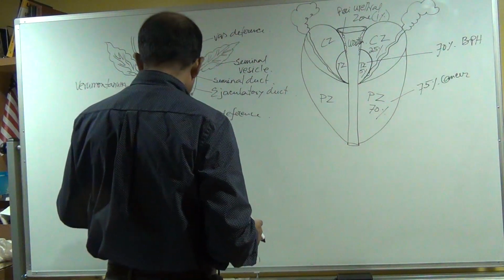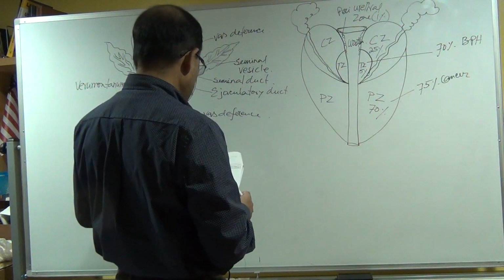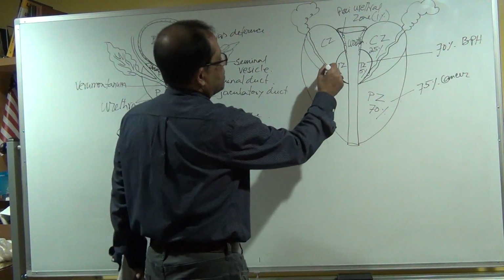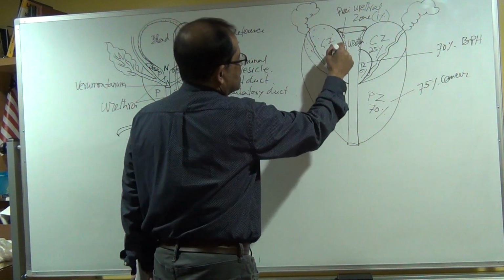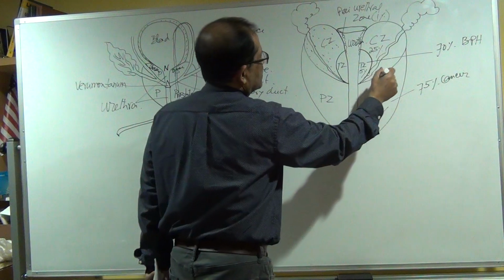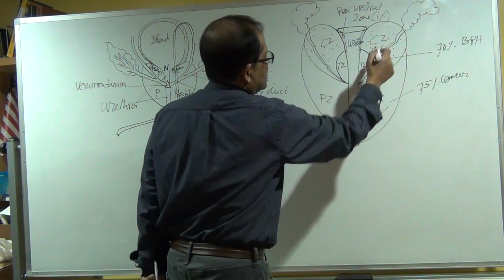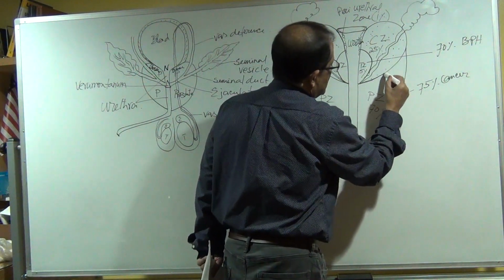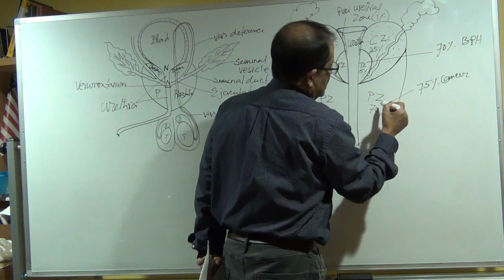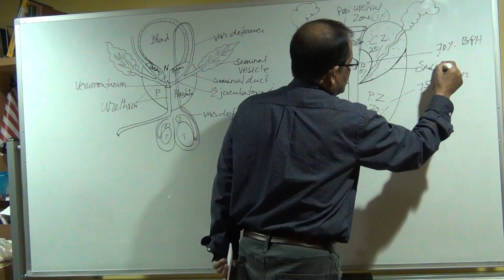The central zone is anterior to the transitional zone and surrounds the ejaculatory duct. Look at here. The ejaculatory duct is passing through which zone? Central zone. And you see, in between the central zone and the peripheral zone, this is called the surgical capsule.